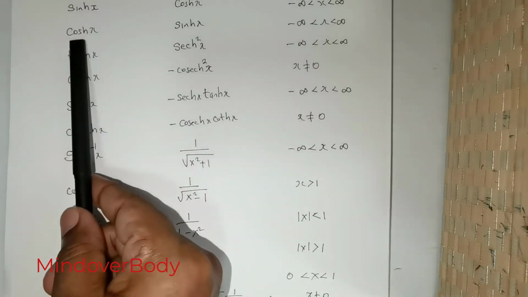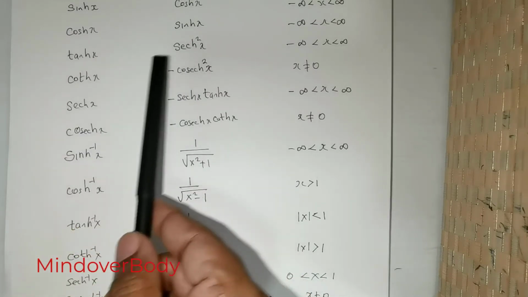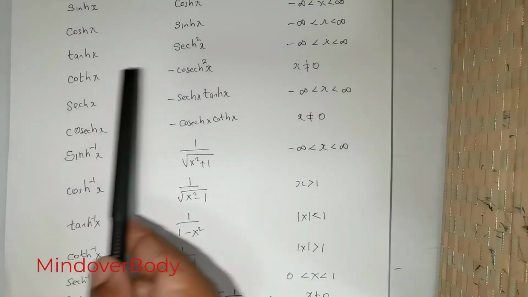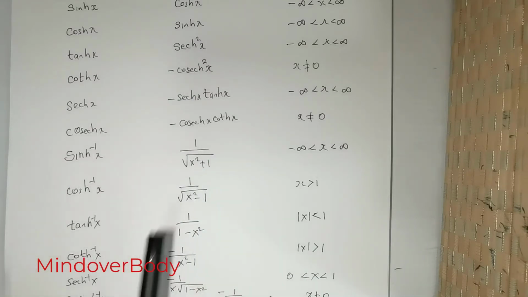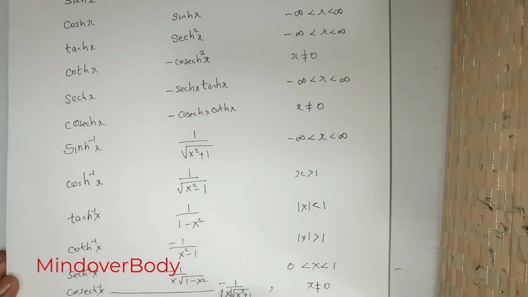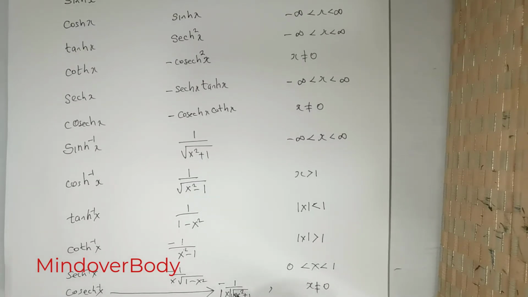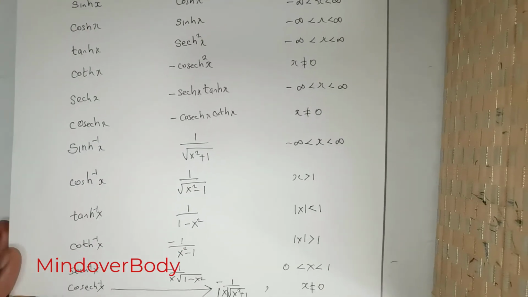The domain, the derivative of cosh inverse is sinh inverse, the derivative of tanh inverse is sech squared, and so on and so forth. So make sure that it is written in your mind. So this is the last one. The last one corresponds to this quantity, negative 1 over x times square root of x squared plus 1 with x not equal to 0. So we will move on to do other questions, students.